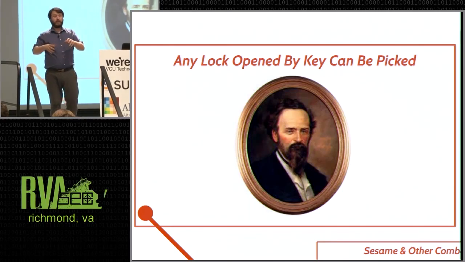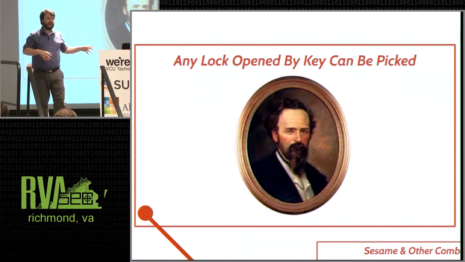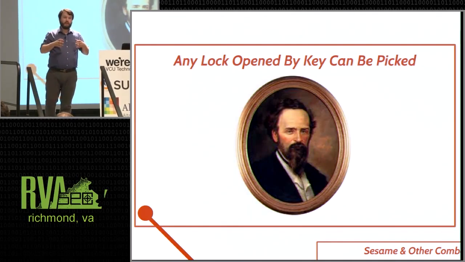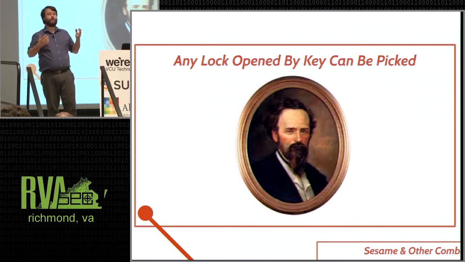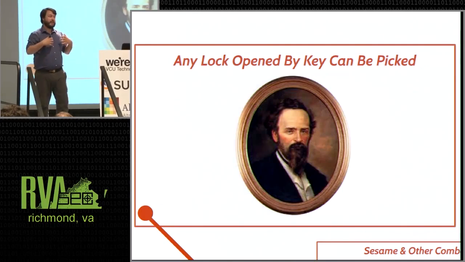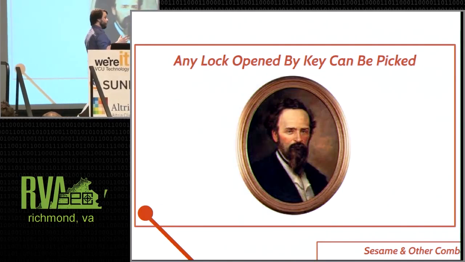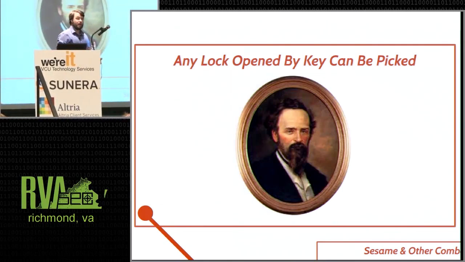Cool. Linus Yale Jr. comes out, and in painfully flowery language, so I'll simplify it here, he says, any lock that can be opened by a key can be picked. The tentative method was such a powerful force that he finally decided that there was no security through key-based locks.